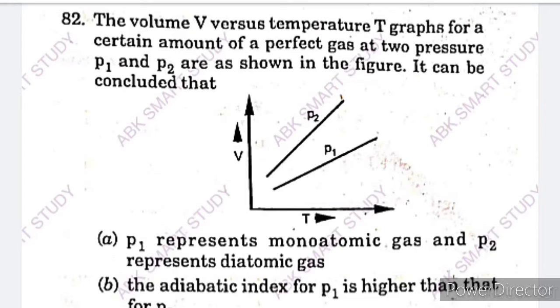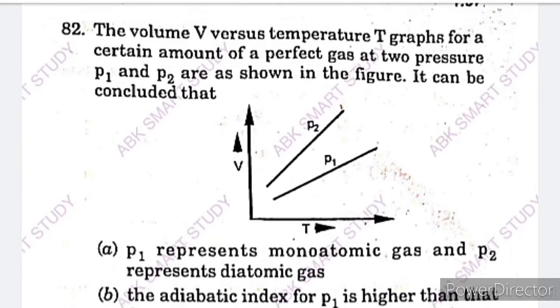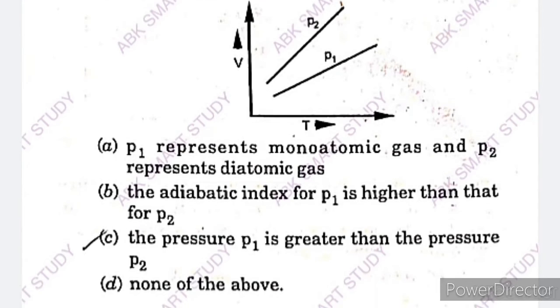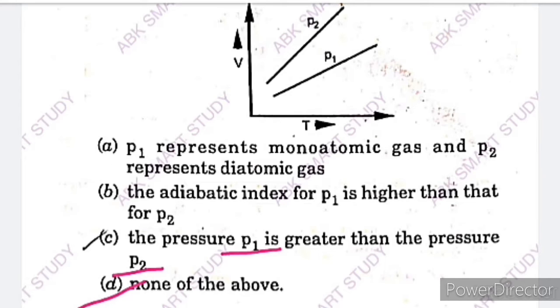Then it can be concluded from the figure that option A, P1 represents monatomic gas and P2 represents diatomic gas. Option B, the adiabatic index for P1 is higher than that of P2. Option C, the pressure P1 is greater than the pressure P2, and option D, none of the above.